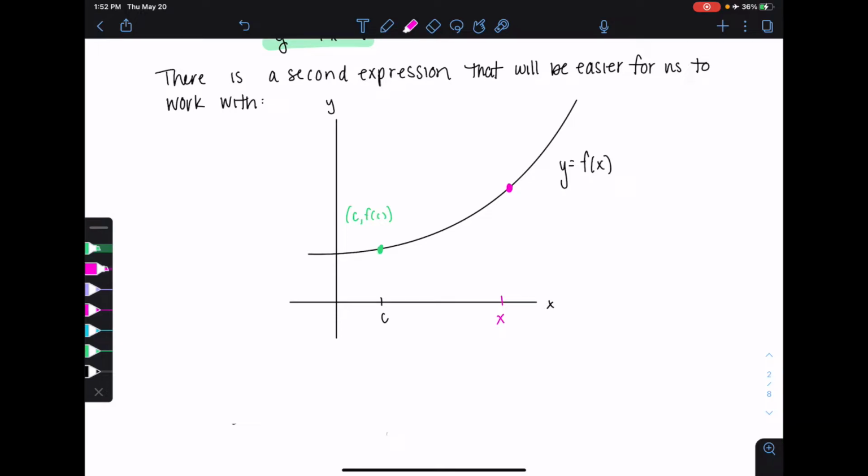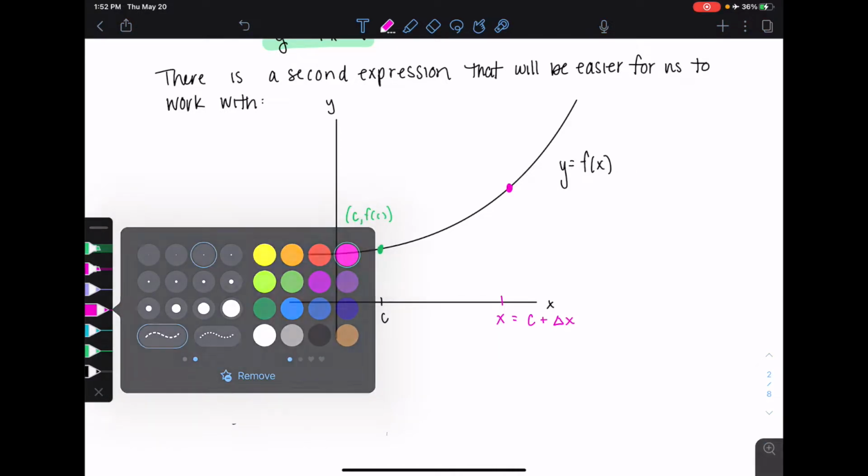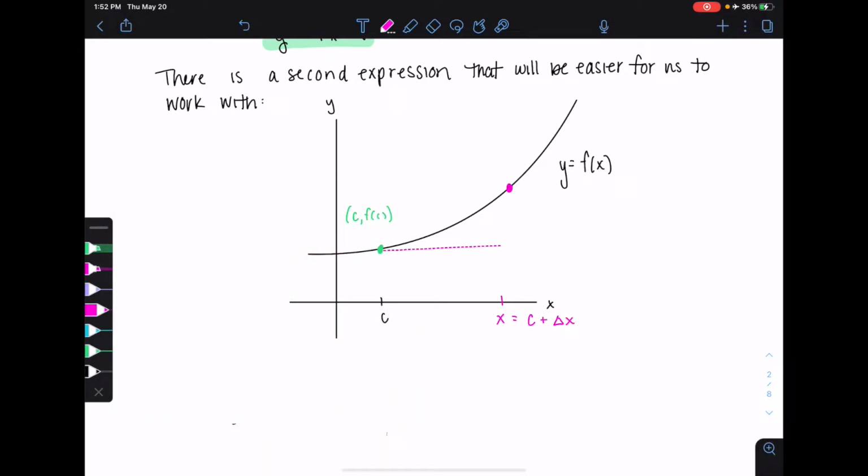Instead, what we've really done is we've started at C and we've added some distance. I'm going to call that delta x. So really, this x-coordinate is C plus some small change. Okay? So we're going to fill in a nice little right triangle to look at our difference of x's and our difference in y's. Okay?